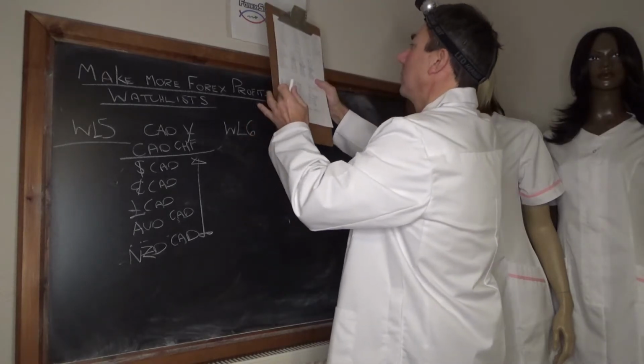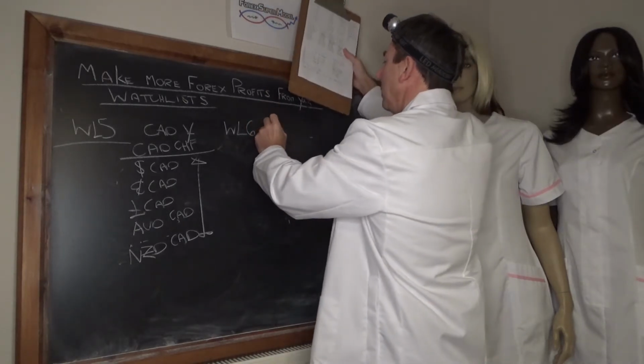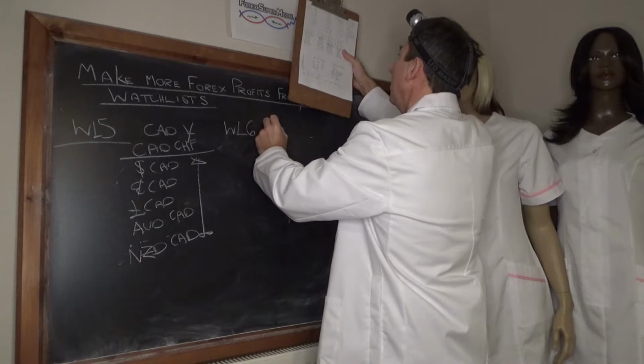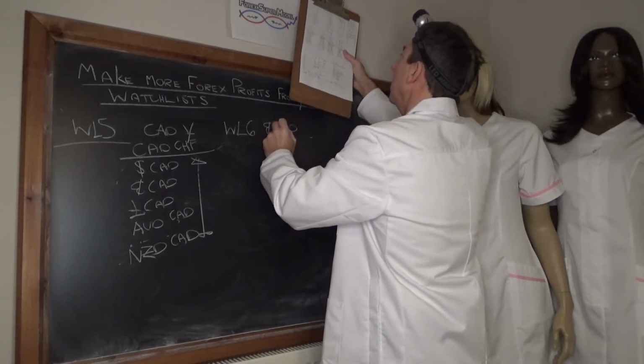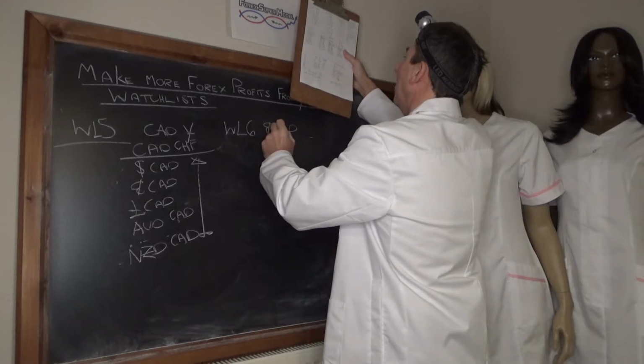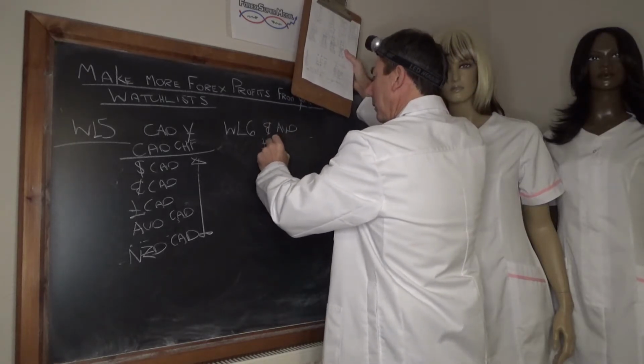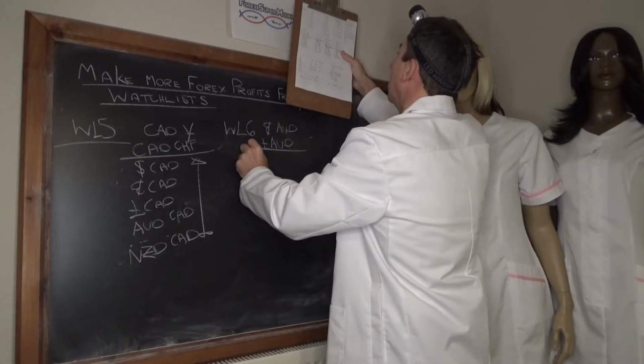Watch list 6, we've just done the CAD, so we're on the AUD. So euro AUD, pound AUD. Right, and now we're up and running.